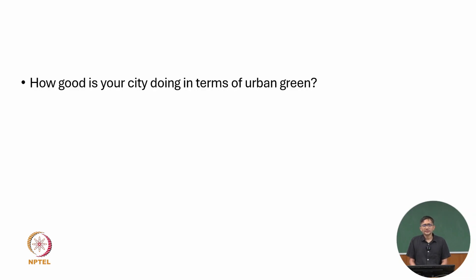So one question is, how good is your city doing in terms of urban green? Think about this with respect to the multispectral images. We are not talking about getting any height estimate or anything.